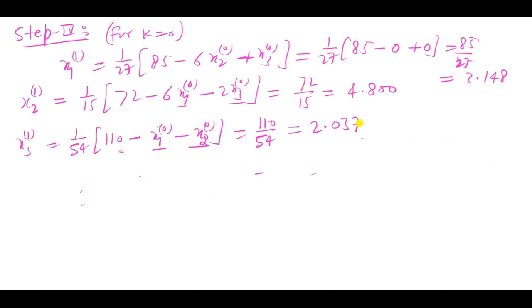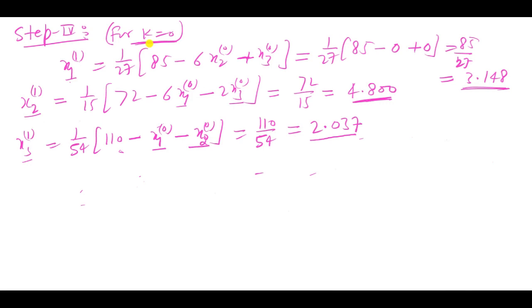So initially, using the initial approximation x1 is equal to 0, x2 is equal to 0, x3 is equal to 0 in equations 1, 2, 3, we obtain x1^(1) is 3.148, x2^(1) is 4.800 and x3^(1) is 2.037. So this is the first approximation, that is when we put k is equal to 0, it represents the approximation 1, that is the first approximation.